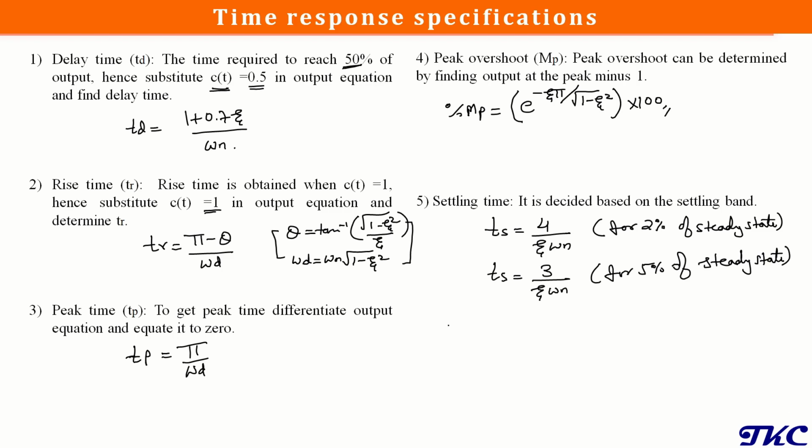So in this way, by using all these formulas, we can derive the time response specifications for the second order system, and all these formulas are derived from the output equation that we derived earlier. Now let's revise what we have studied.